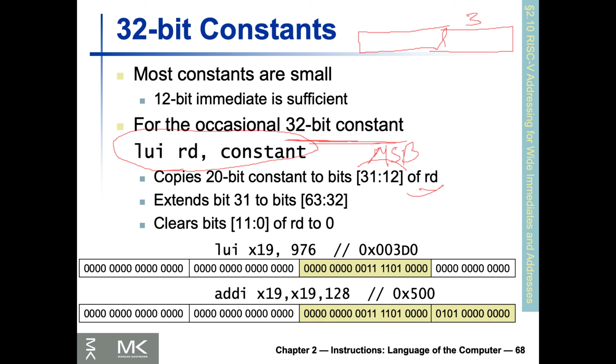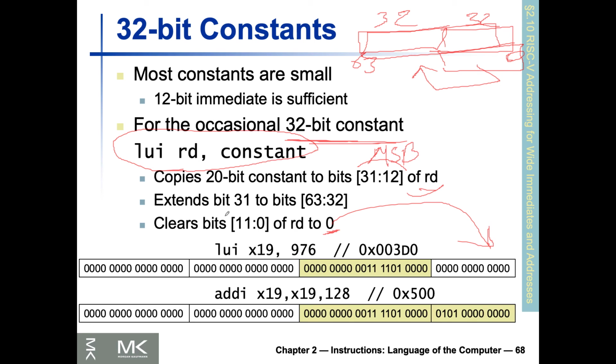So that was 32, that was 0, that was 63. It starts here, and then it extends to the full double word. And then afterward, it clears the bits 0 to 11, makes them 0.